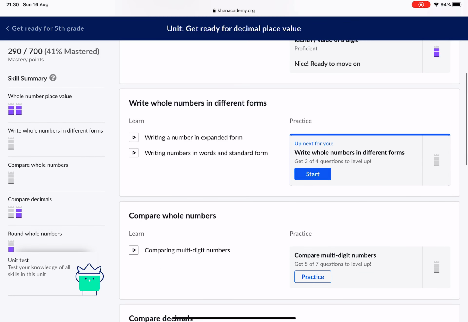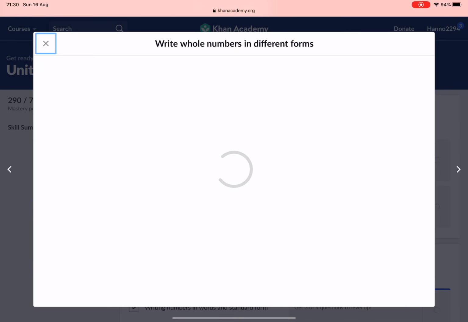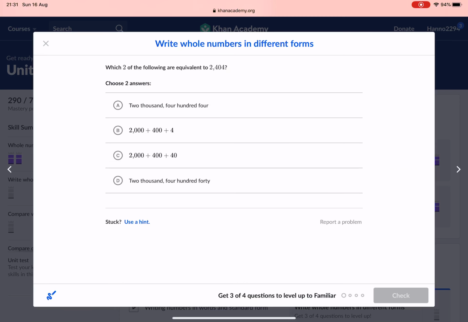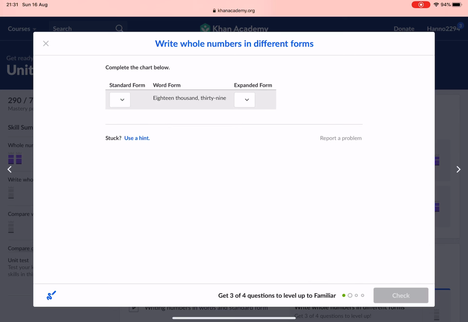Now next, we're going to write a whole number in different forms, like a 110th, which represents 1,000. There's one of the Khan Academy ones where we have two answers to give. So one of them must be B, but we know that there's a second one. 2,404. Yes, I was correct.